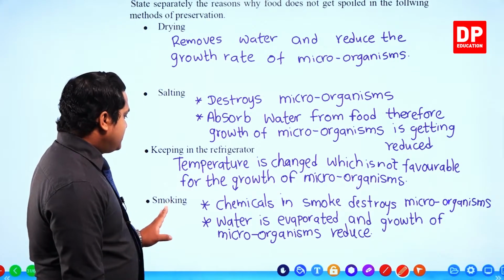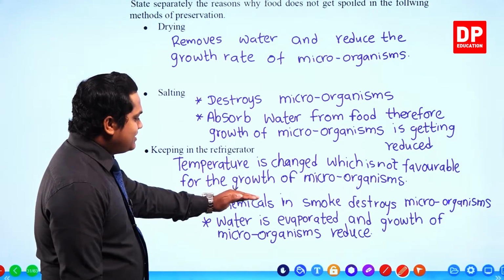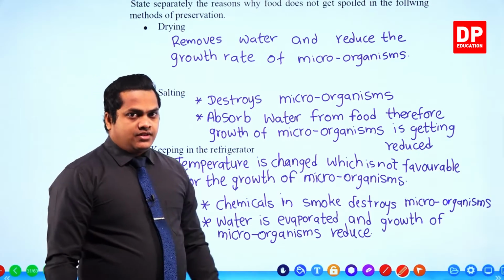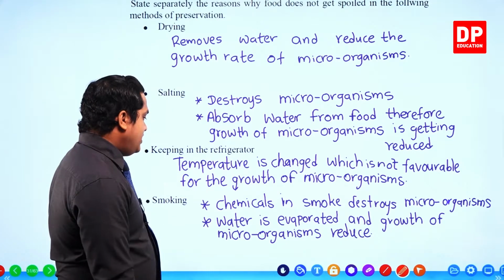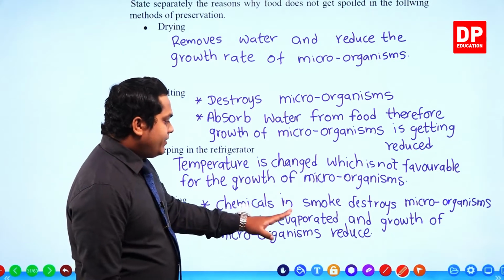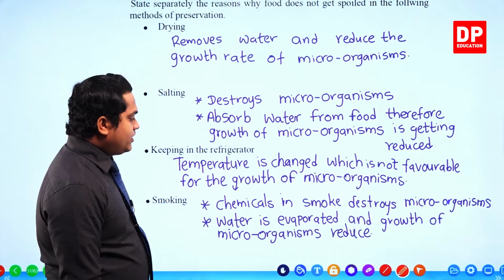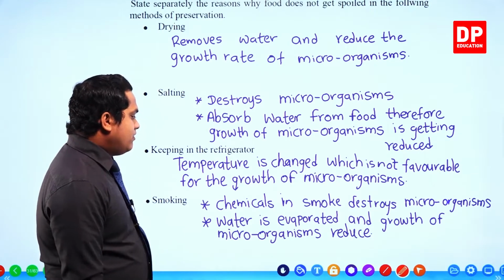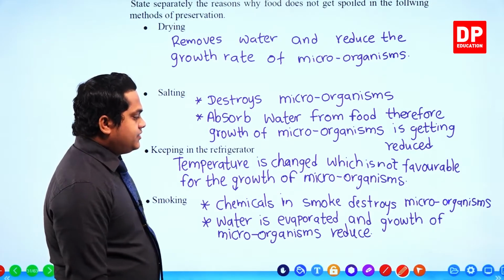Then the final one, smoking. Chemicals in smoke destroys microorganisms. That's the first step. Then the second one, water is evaporated, right? Water is evaporated and growth of microorganisms reduce.